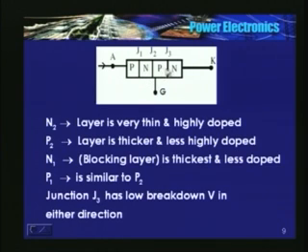So therefore J3, see, N is very highly doped and a very thin layer. This P is relatively highly doped but slightly thicker. So junction J3 has a very low breakdown voltage in either direction, something similar to the base emitter junction in a transistor. The base emitter junction in a transistor is very highly doped, so it cannot block a voltage in either direction.